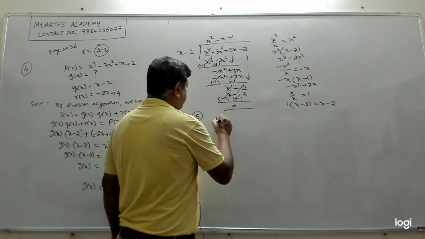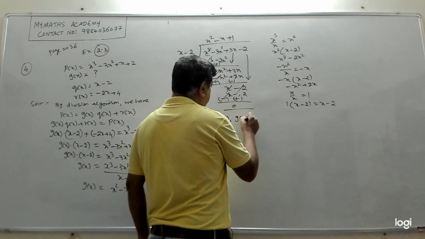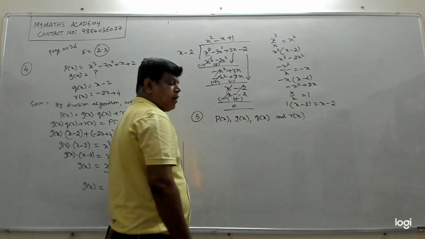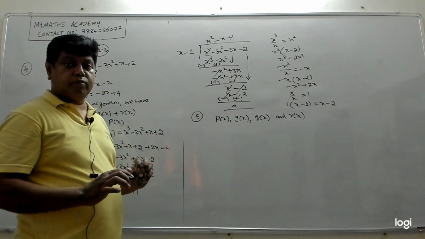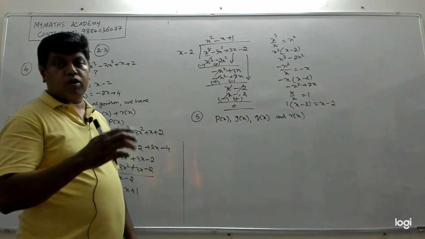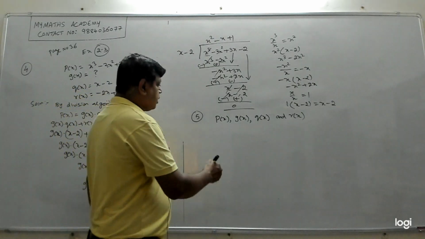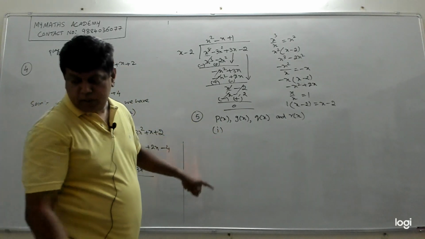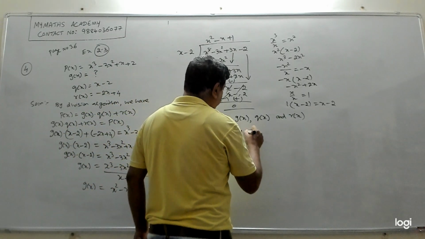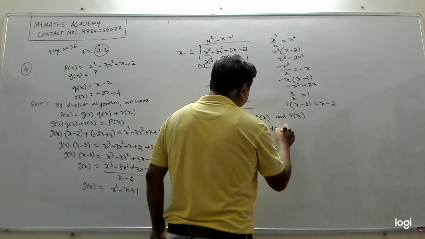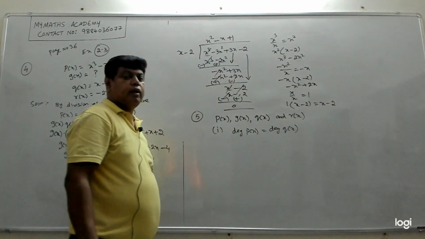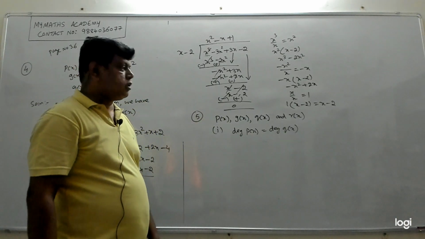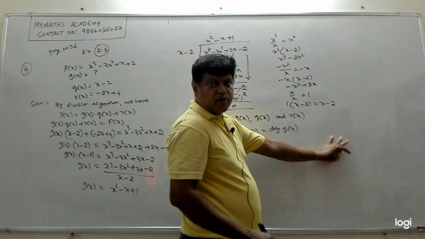So we have to find 4 polynomials such that they satisfy the division algorithm for polynomials, and also they should satisfy this condition, which is degree of p of x should be equal to degree of q of x. We should give an example such that degree of p of x equals degree of q of x. Now let's try to do some rough work here to find this.